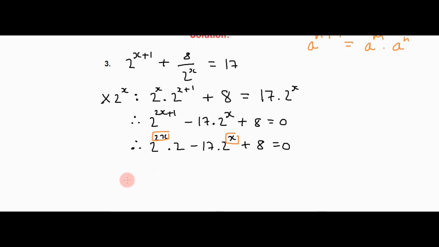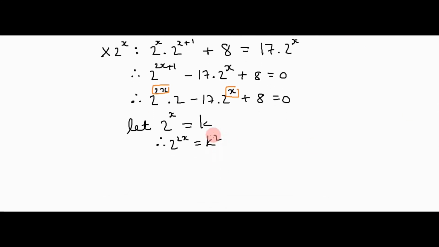So we let 2 to the x equal k, and hence 2 to the 2x will equal k squared. We plug the k's into the equation. So it's 2 times 2 to the 2x, which is k squared, minus 17 times 2 to the x, which is k, and plus 8 equals 0.